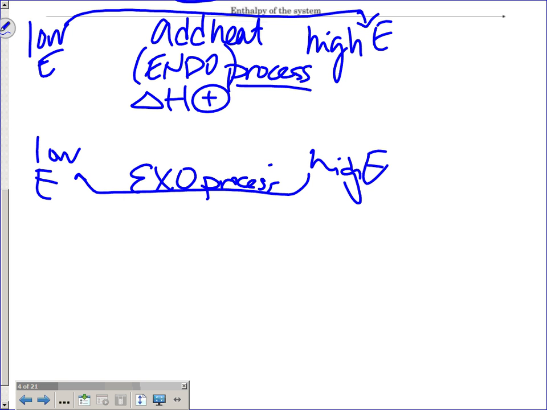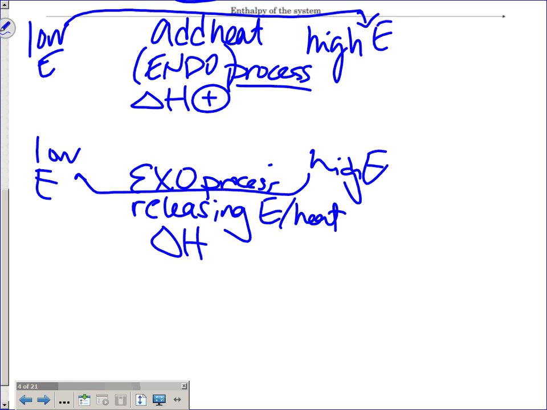Since they're saying adding heat, I'm going to say releasing energy, and you can put energy as heat or just energy in general. It's going to be releasing energy. And that release, that exit, refers back to the exothermic process. And what would the delta H sign be? Negative, because it's releasing, it's exiting.